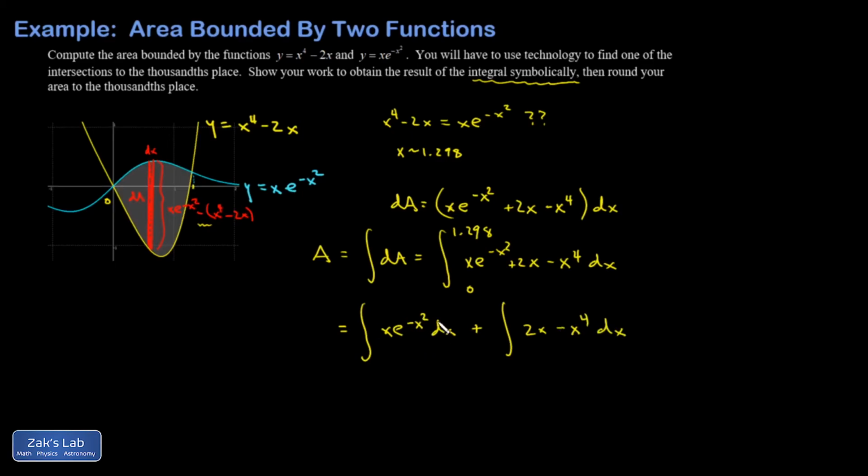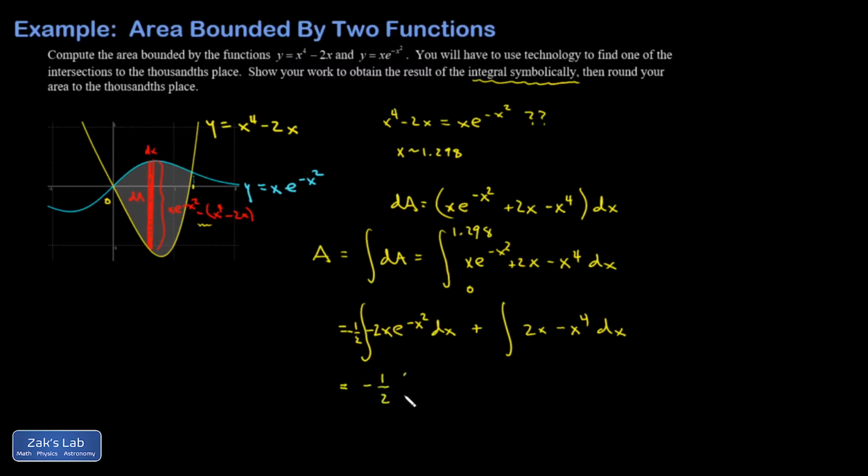And to do this exponential piece, I need the derivative of that exponent right next to e to the negative x squared. So the derivative is negative 2x. So I'm going to put a factor of negative 2 on the interior, negative 1/2 on the exterior to compensate for that. Now this is an informal u substitution, is really what I just did. I'm trying to set it up to recognize the chain rule backwards. You could always use a formal u substitution with u equals negative x squared if you prefer.